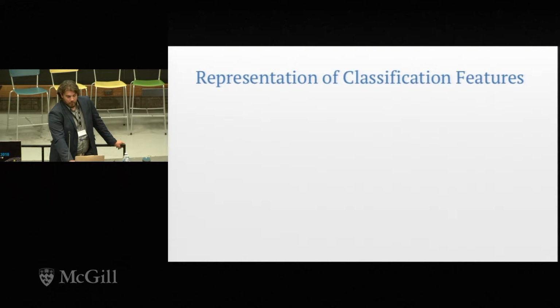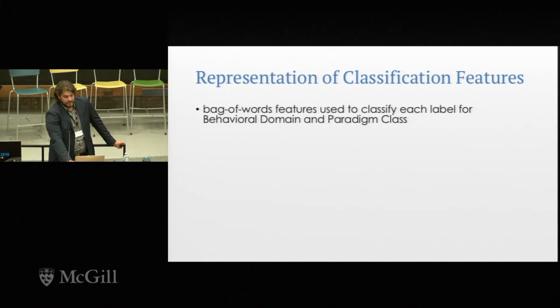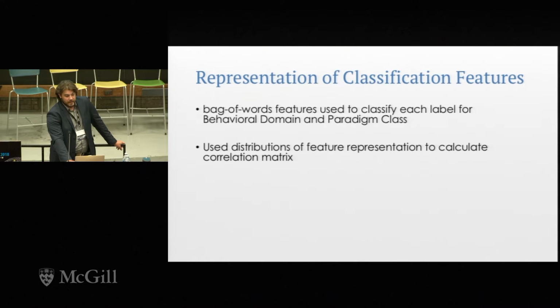So we did note that the bag of words feature space performed the best. So we wanted to use the terms that were used the most for classification of behavioral domain and paradigm class labels to assess similarity.